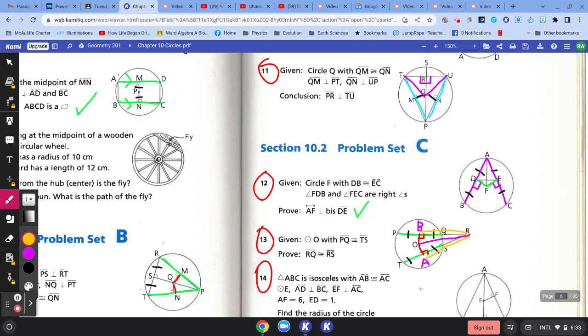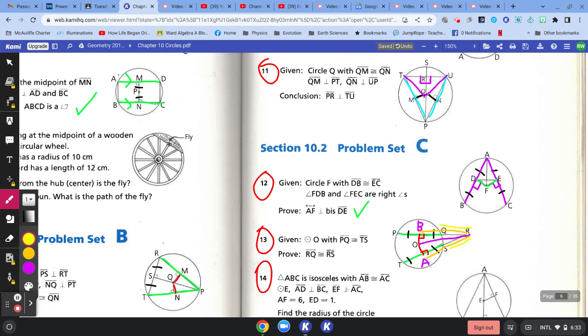And since those are congruent, then by subtraction, we'll use yellow for this one. We'll say that RQ and RS are congruent by subtraction.